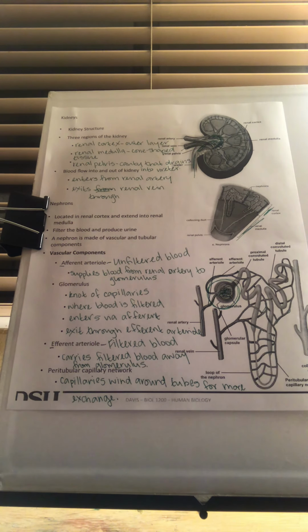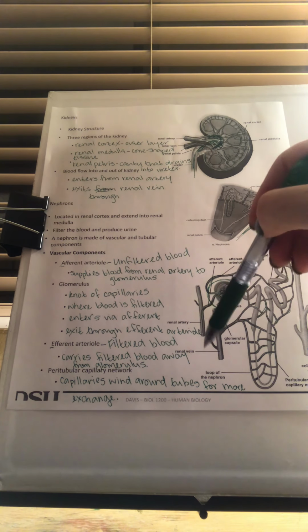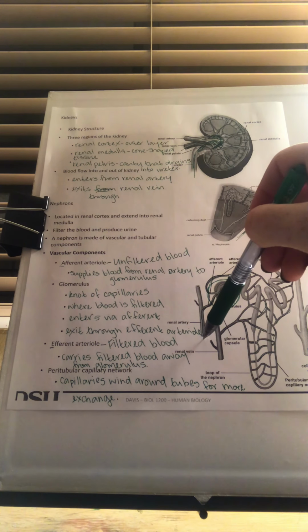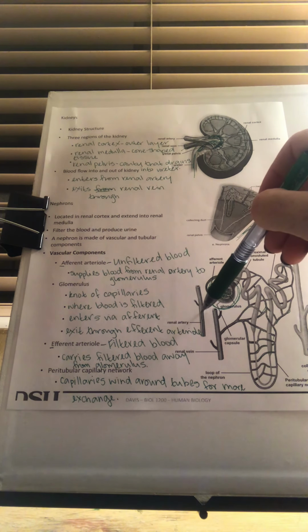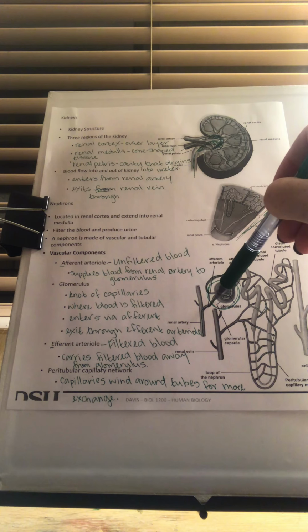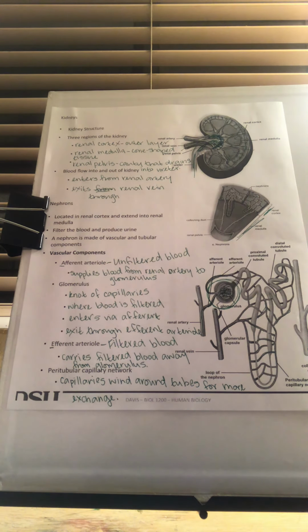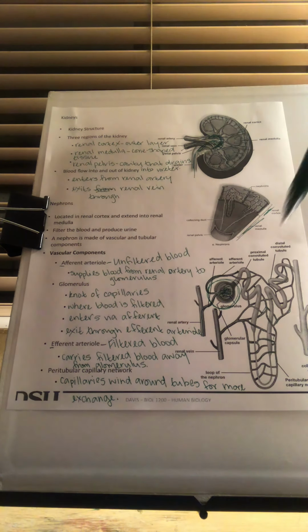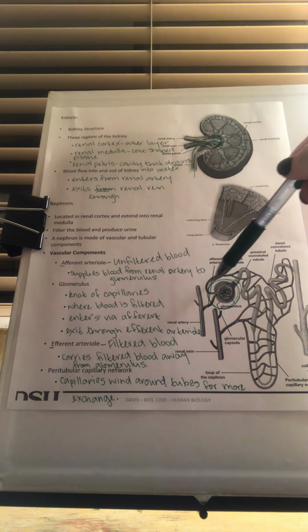Okay, and then we're going to look at the nephron, which has the renal artery delivering its blood into the afferent arteriole, which leads it into the glomerulus, which is this cluster of capillaries. And the cluster of capillaries is the part of the nephron where this exchange takes place. It's where the blood is actually filtered. After the blood has been filtered, it leaves through the efferent arteriole.